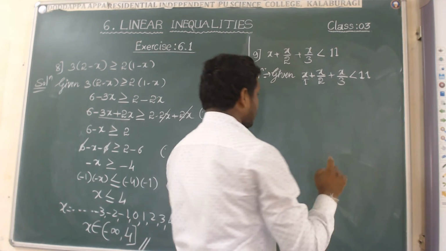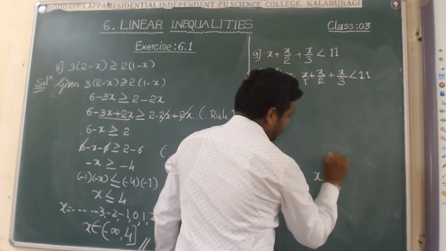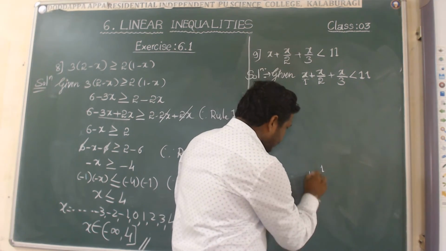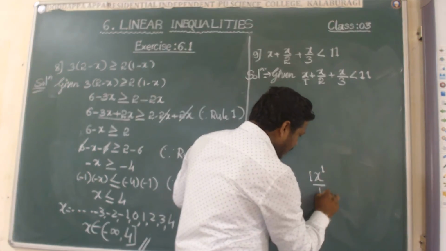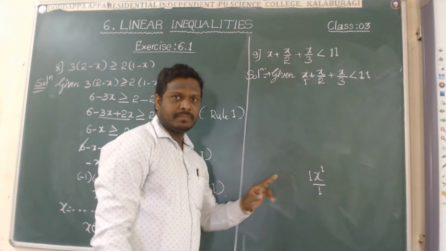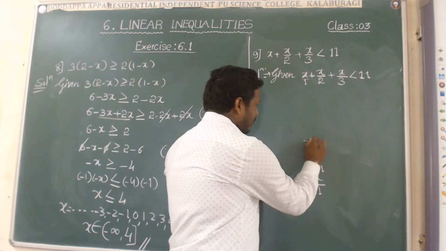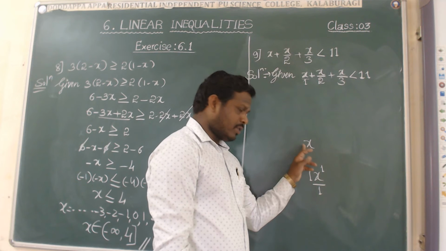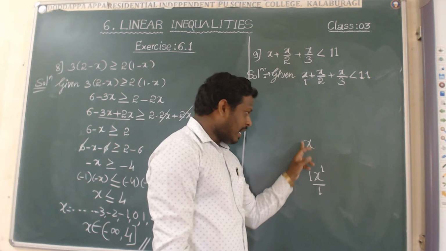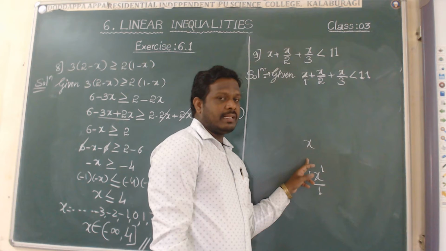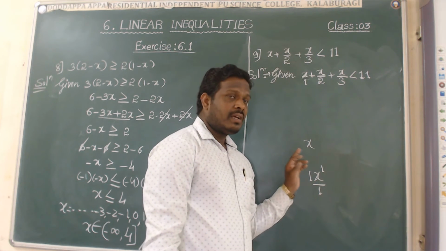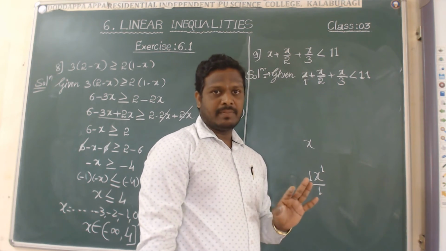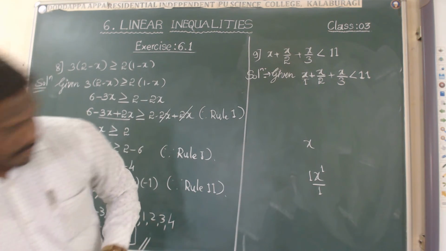For a single x, the power is 1 and the coefficient of x is 1, and it will be divided by 1 always. Keep in mind, if a single x is there, its power is 1 and coefficient is positive 1. All natural numbers and whole numbers are in the form of rational numbers, P by Q form only. Keep in mind that point.